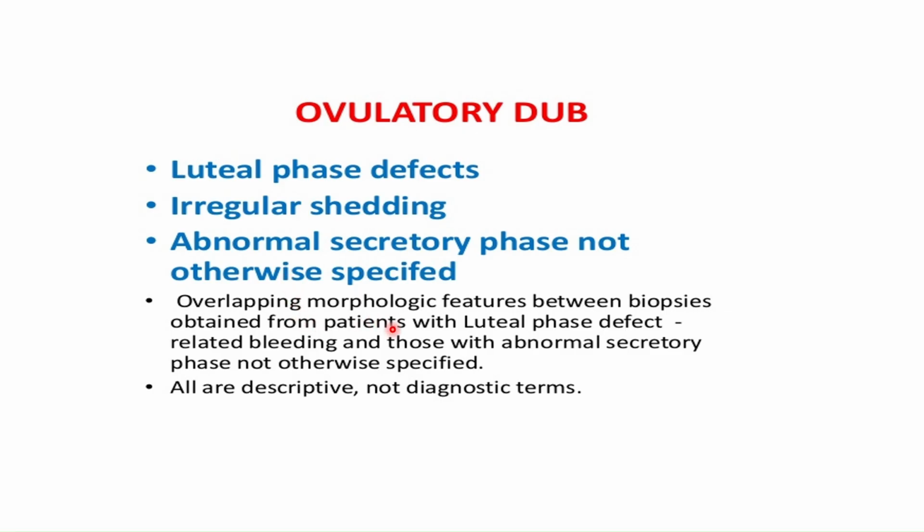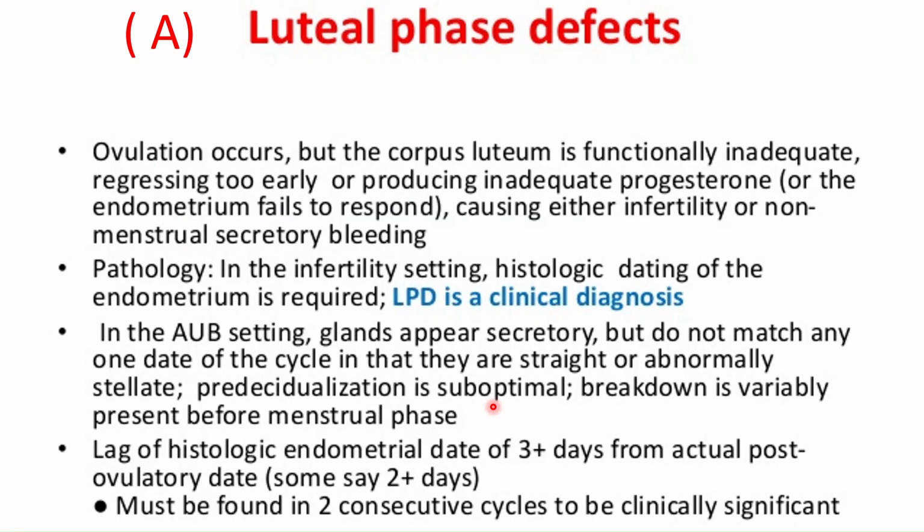Now, there are overlapping morphological features between biopsies obtained from patients with luteal phase defect related bleeding and those with abnormal secretory phase, not otherwise specified. So all these terms are descriptive and not diagnostic. Now what is luteal phase defect?